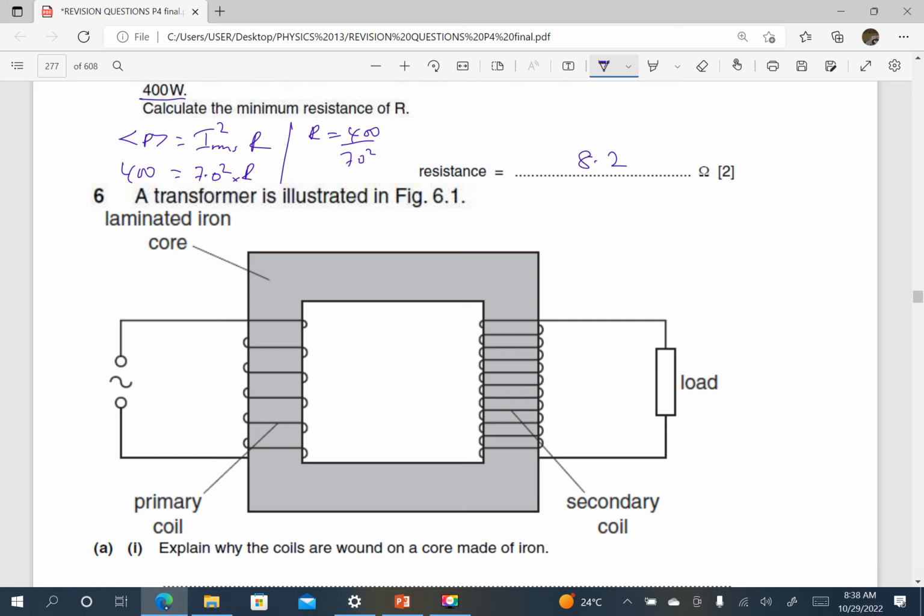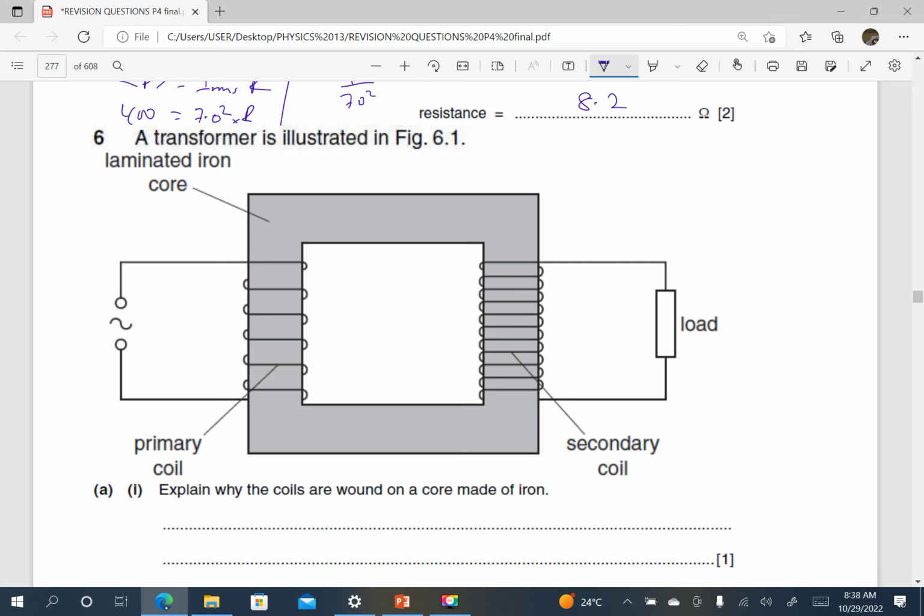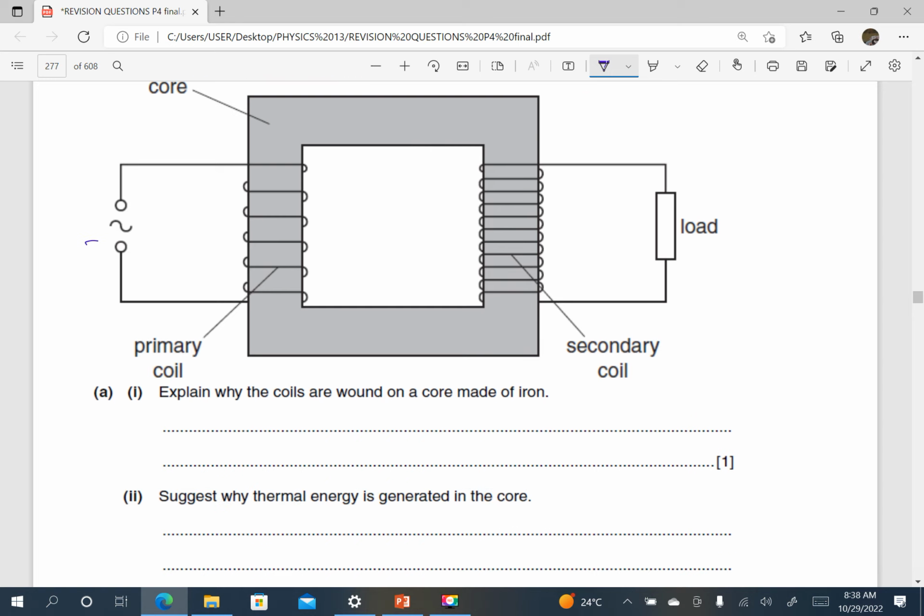A transformer is illustrated in the figure 6.1. We have a laminated iron core, primary coil, secondary coil, and a load. We have alternating voltage supply there. Explain why the coils are wound on a core made of iron. So we saw what iron does: to increase the magnetic flux, to reduce flux losses, to concentrate magnetic flux.